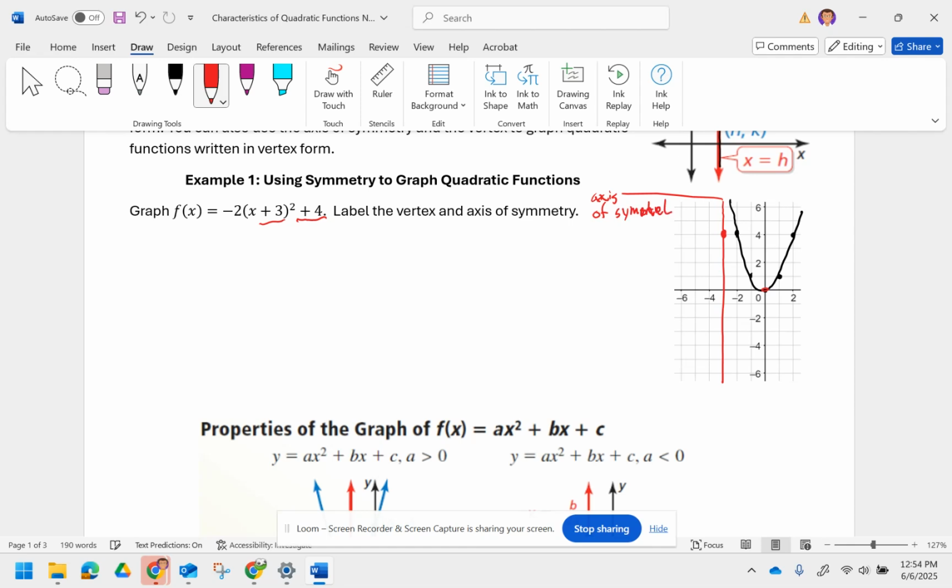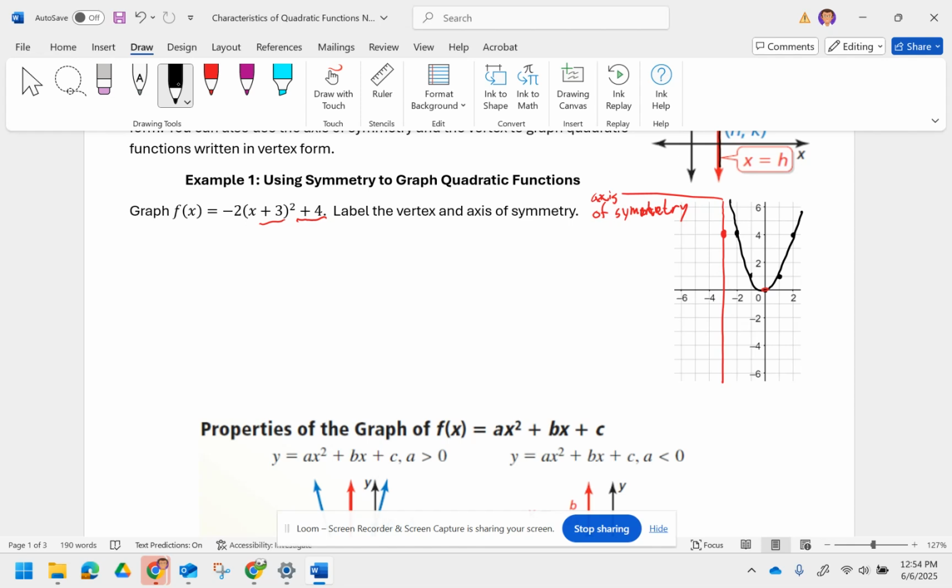Oops, needed to be an M. All right, axis of symmetry. Beautifully written. Now that we've got this axis, we know that both sides of this are going to come out the same. So I'm only going to calculate numbers for one side.